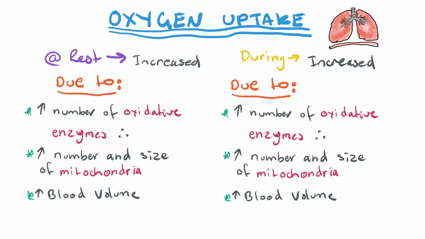More oxidative enzymes can mean that the athlete has a greater capacity to utilise carbohydrates and fats to produce energy aerobically. So obviously, if we can increase our oxygen uptake, this means that we can increase the amount of these oxidative enzymes, which means that we have a better capacity to break down carbohydrates, fats and proteins for energy.